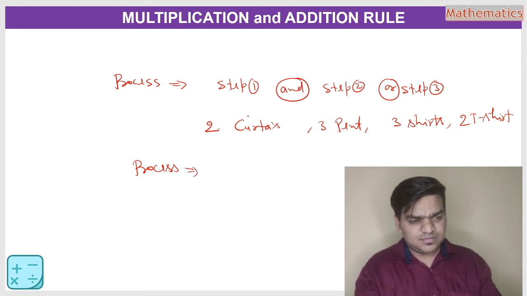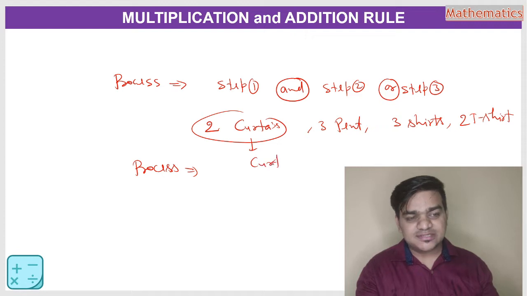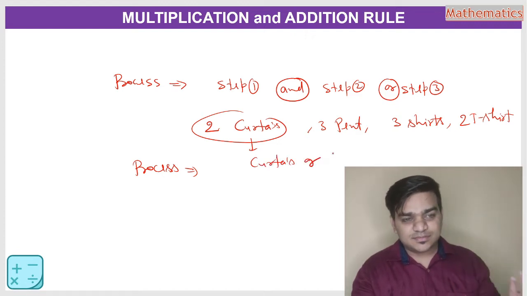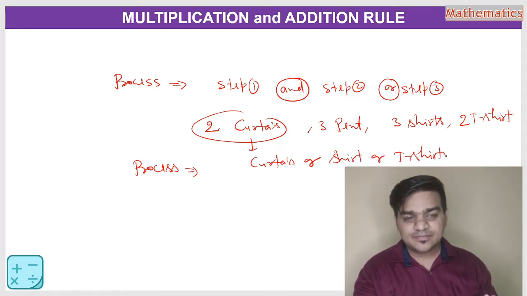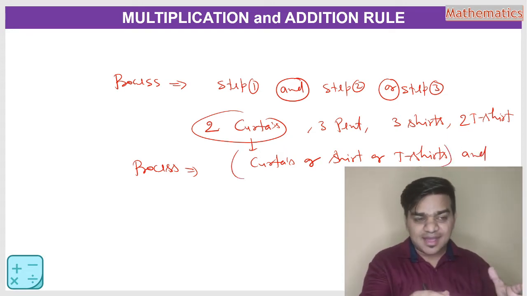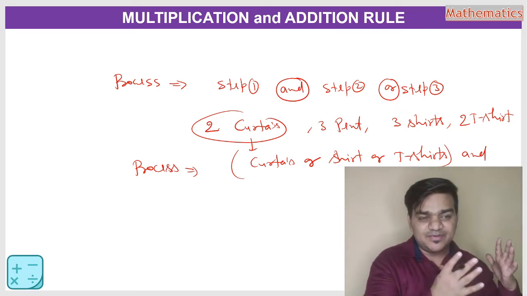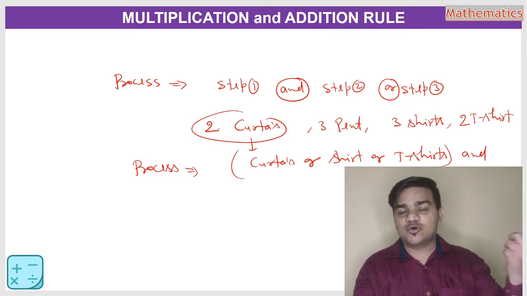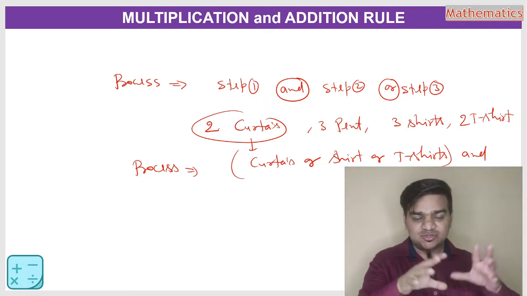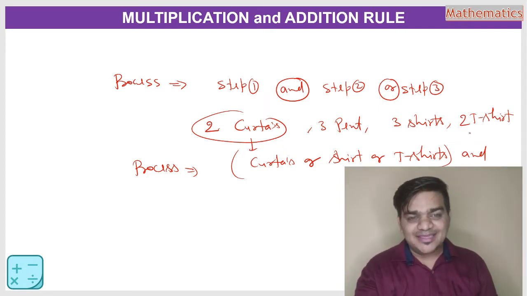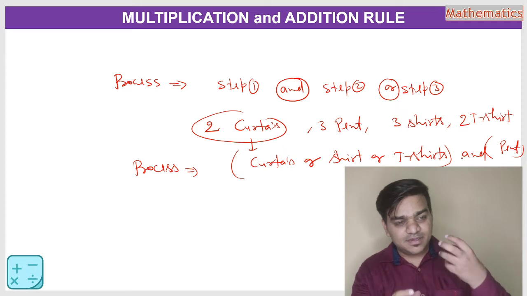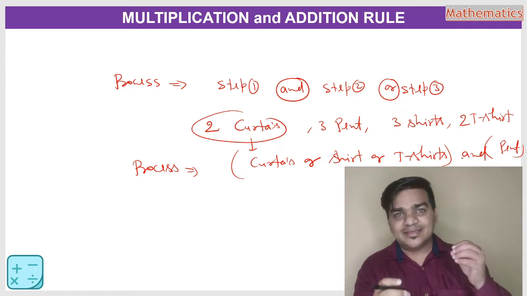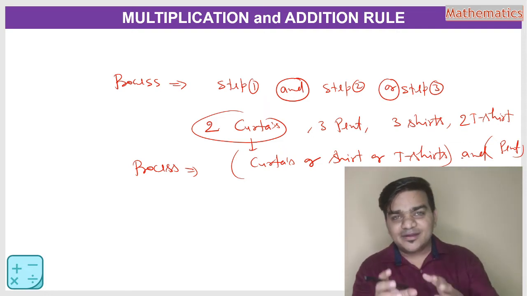Either I'll wear these kurtas, or I'll use a shirt, or I'll use a t-shirt, and then a pant. These three things have "or" between them, because either I'll wear a kurta or a shirt or a t-shirt, any one of them. I cannot wear all these things together, and I need to use a pant. So as you can see, this process has small steps, and the steps are connected with "or" and "and".